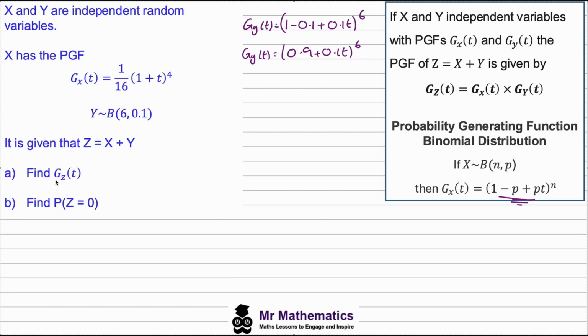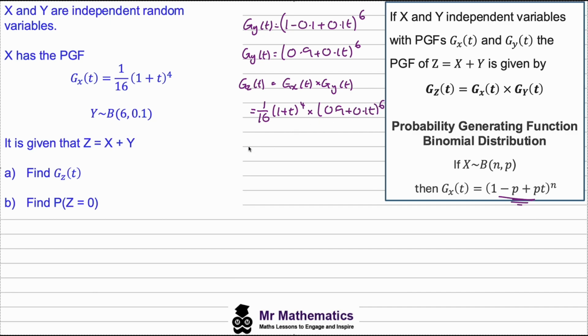And then to find the generating function for z, well, this will be the product of the generating functions for x and y. So this will be 1 over 16, 1 plus t to the 4, multiplied by the 0.9 plus 0.1t to the 6.